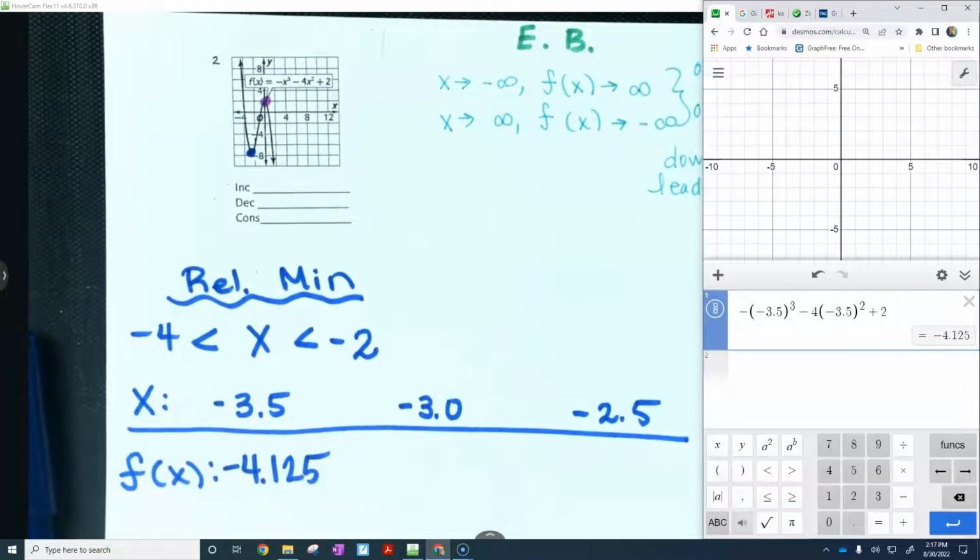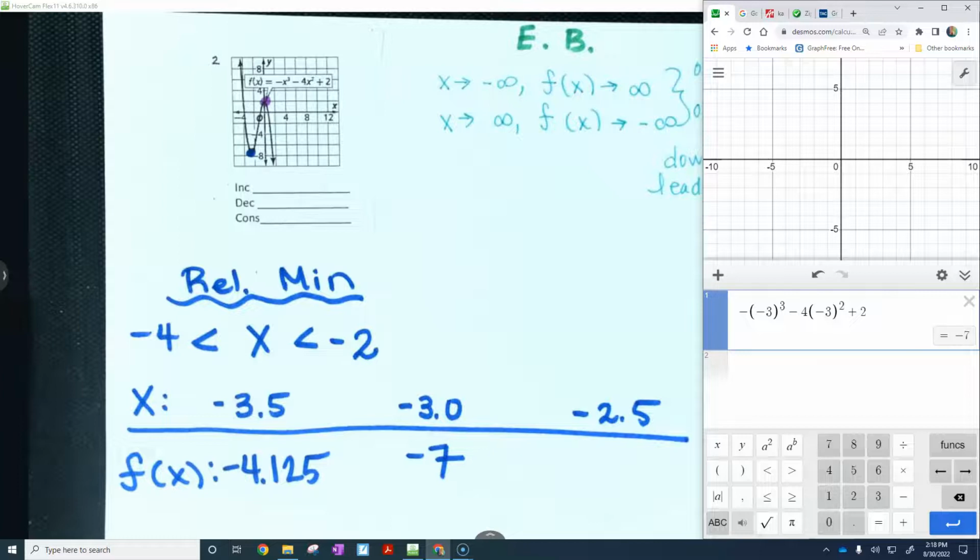Here's why I love Desmos. So that's that. Let's look what it's going to be for negative 3. Guys, just put your cursor on the 5 in the parentheses and delete it. You don't have to retype all of it. So what does negative 3 give you? Just negative 7. That's all it is. Let's do it one more time. Let's see what kind of value we get for negative 2.5.